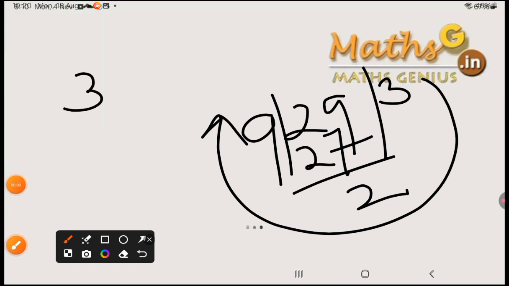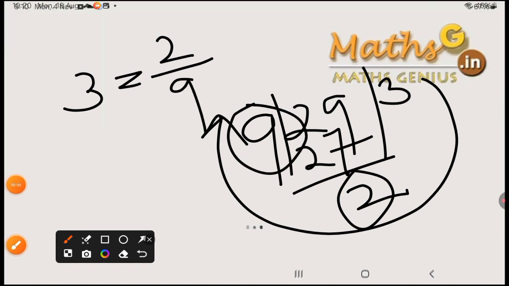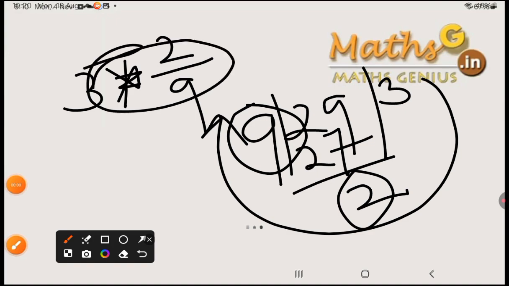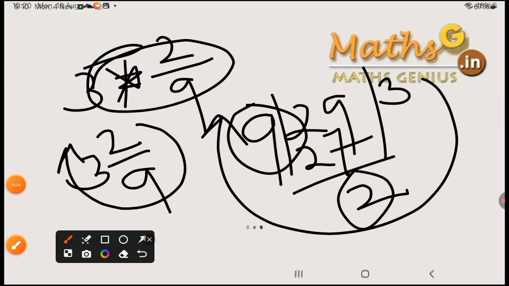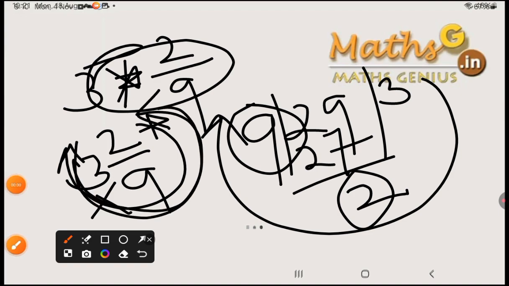Similarly, 3 whole 2 by 9. I put it by mistake. So, let me write it once again, 3 whole 2 by 9. This is the mixed fraction. So, how do you get the improper fraction? Here there is a multiplication, here there is an addition. It reaches the numerator.